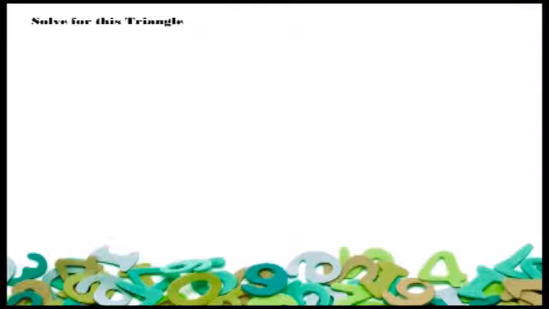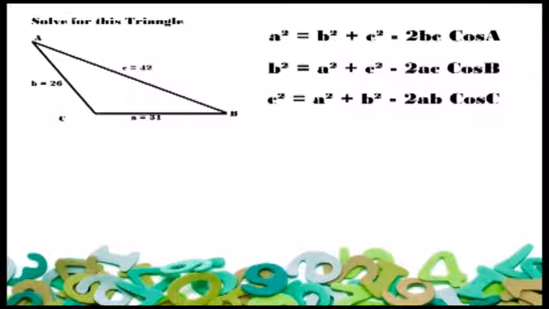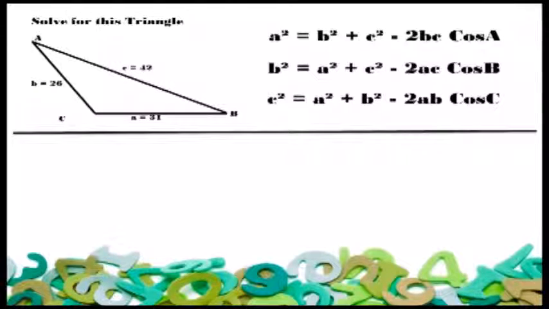Let's have another triangle. This is our law of cosine, and I want to show you its derivation to get each angle. For cosine A is equal to negative a squared minus b squared minus c squared all over 2bc.